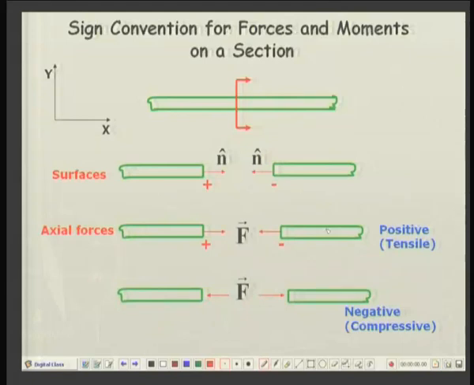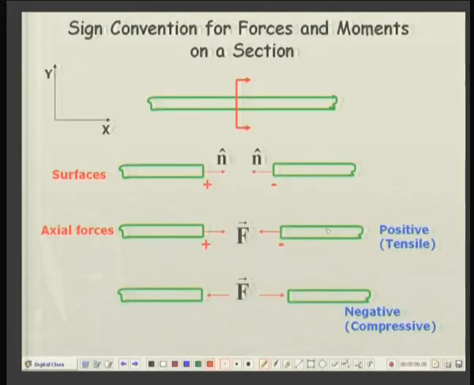Now, a very important concept in the analysis of beams is the sign convention, and I must advise you that this has to be carefully done, otherwise errors are likely to happen. Suppose this is my rectangular Cartesian coordinates x and y, and of course z is out of the plane of the screen.